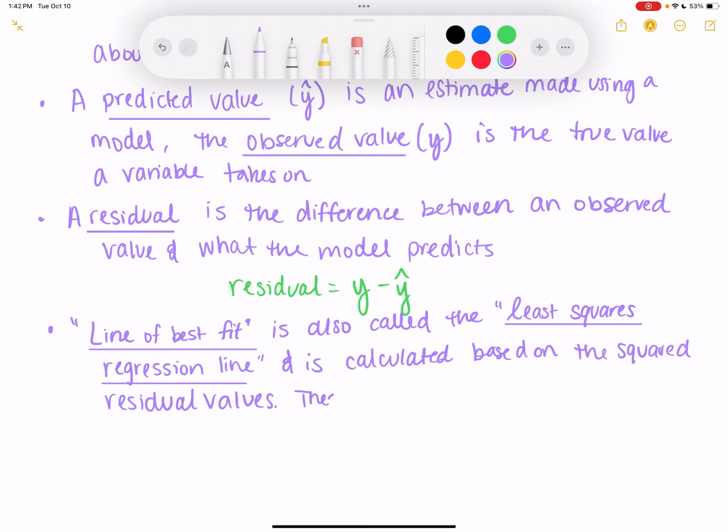These are additional names for our linear model.